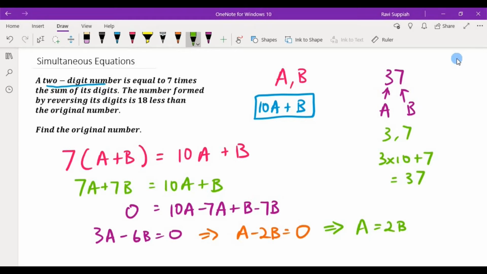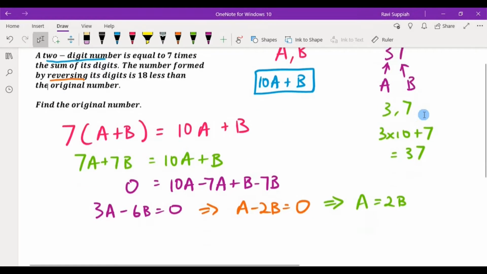Now we have formed the first equation from the first sentence of the question. Now let's look at the second sentence: the number formed by reversing its digits is 18 less than the original number. So I'm going to reverse the digits.